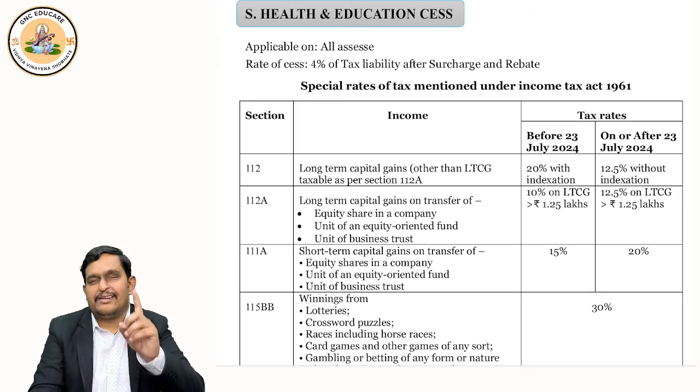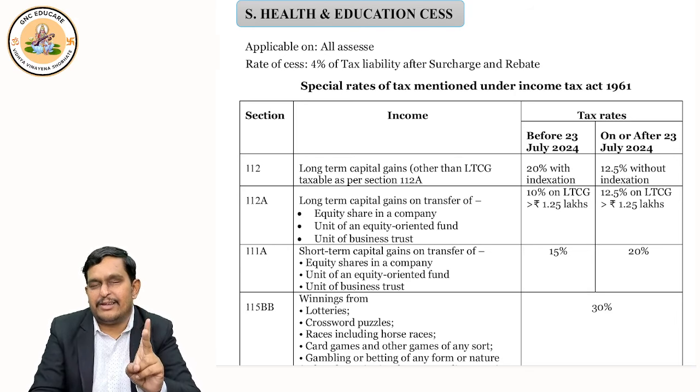So if it is listed shares, listed debentures, units of business trust, such types of financial assets. More discussion in the capital gains chapter. We are just understanding the rates for the time being.